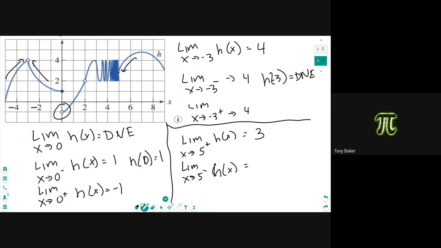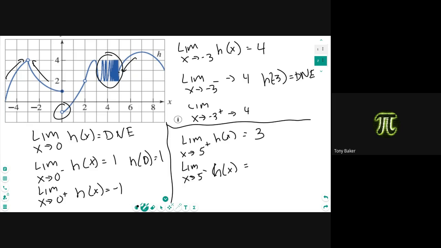So in this situation here, what's that doing? It's oscillating. So because it's oscillating as I'm getting closer and closer to that point, I can't get to a specific value at that point. So you're right. It very well could stop at 3. However, as I'm getting closer and closer to it, it is literally bouncing back and forth.